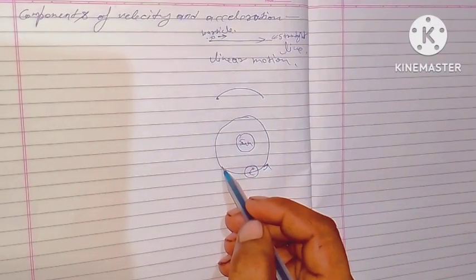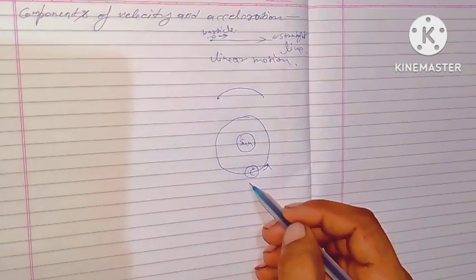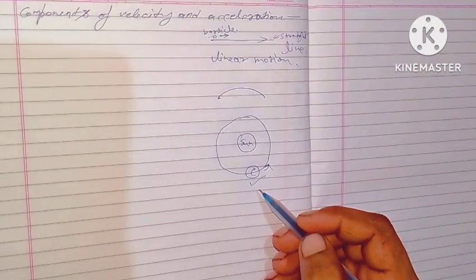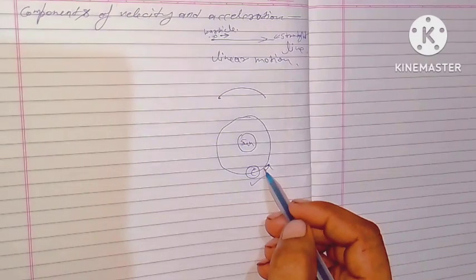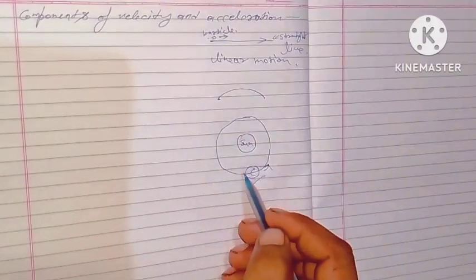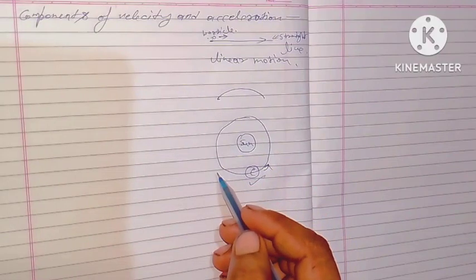Its speed is approximately constant, but its direction is constantly changing, because the Earth is moving around the sun in a circular path.